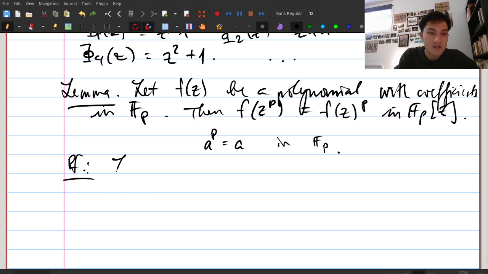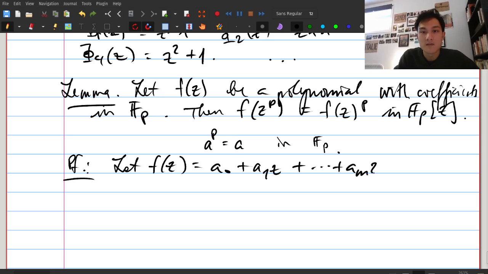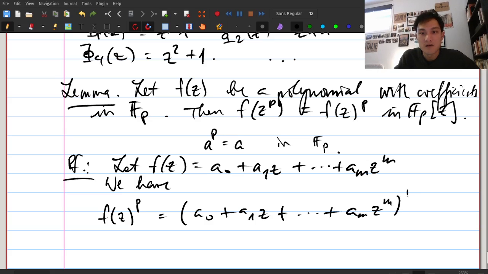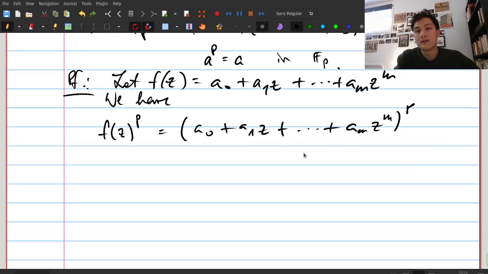So what's the proof? Okay, so we just expand. So let f(z) equal a0 plus a1 z plus all the way up to am z to the m. And we have f(z) to the p is equal to a0 plus a1 z plus up to am z to the m, all to the p. Now, this is the multinomial theorem. So we know the binomial theorem, right?